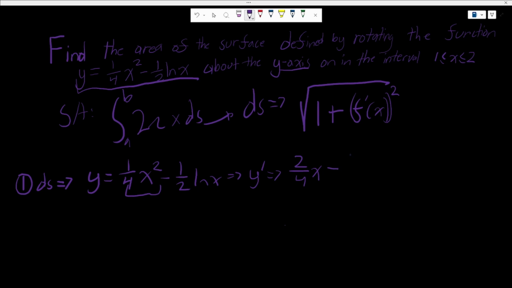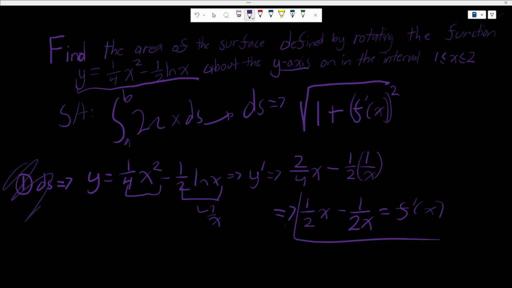And then we'll have the 1/2 constant, and the derivative of ln x is just going to be 1/x. So we'll leave off with 1/2 over 1 times x. Simplifying this, we'll have 1/2 x minus 1/(2x) for the derivative of our function.